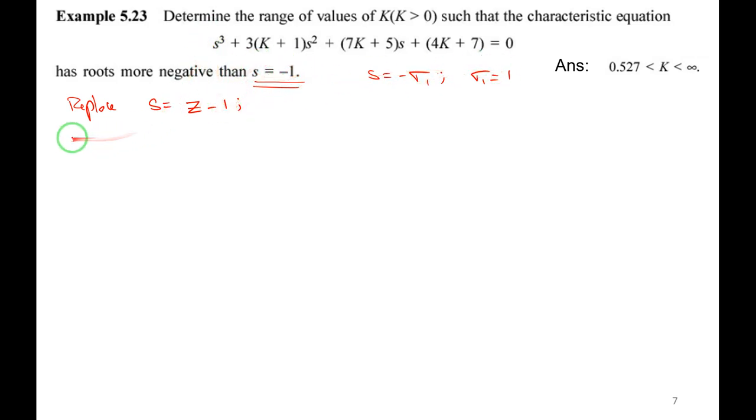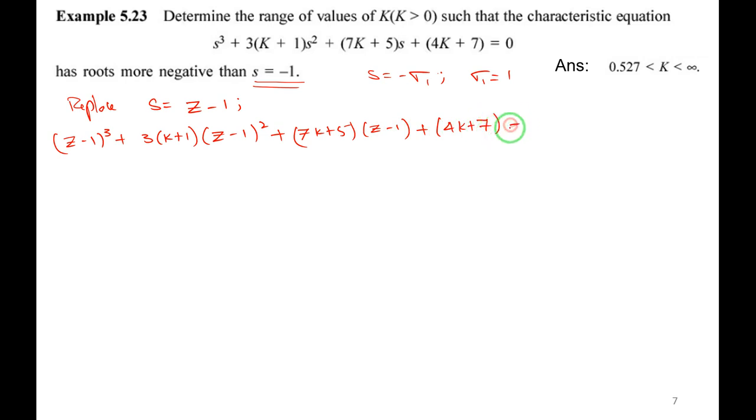So we'll form it: z minus 1 whole cube plus 3 into k plus 1 into z minus 1 whole square plus 7k plus 5 into z minus 1, and this is the constant term, 4k plus 7 equal to 0.